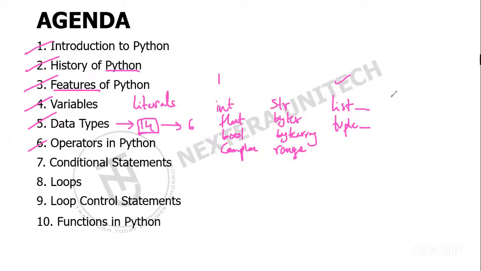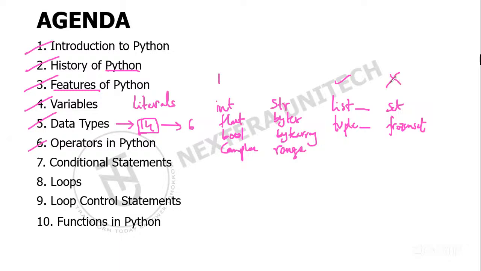Right. Then next to list category data types, we understood set category data types, in which we have again two: set and frozen set. What is the purpose of set and frozen set? Set category data types help us to store multiple values of same type or different type, but unique values only.